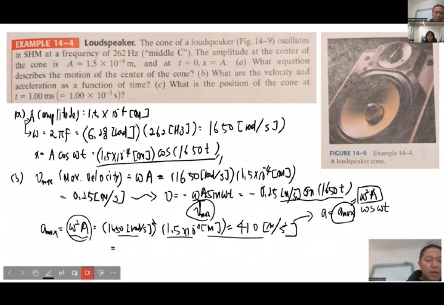Then acceleration in time should be minus, oh, there should be a minus sign in front of that. Minus 410 meter per second squared cosine 1650 t.